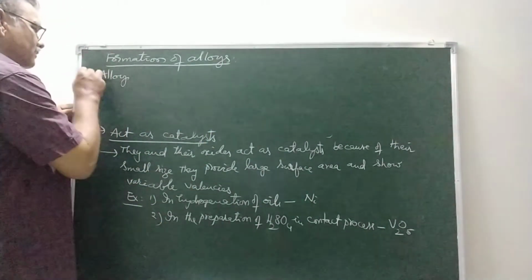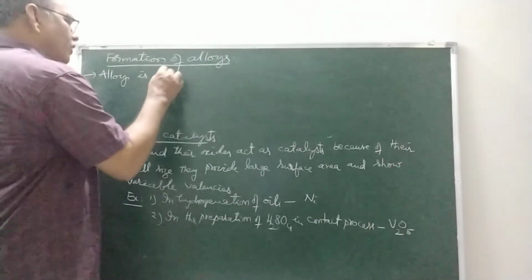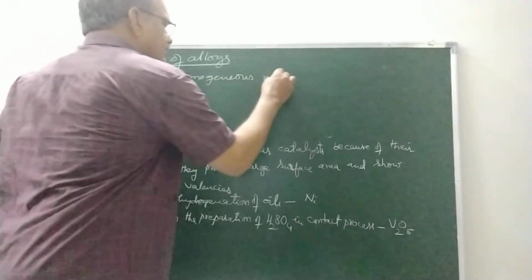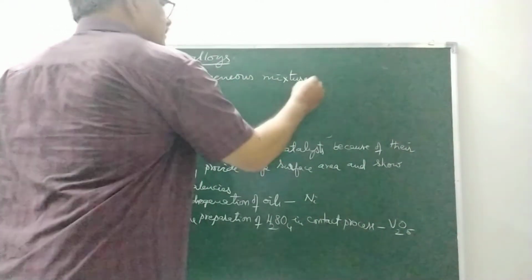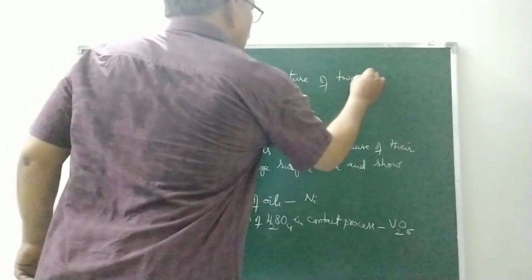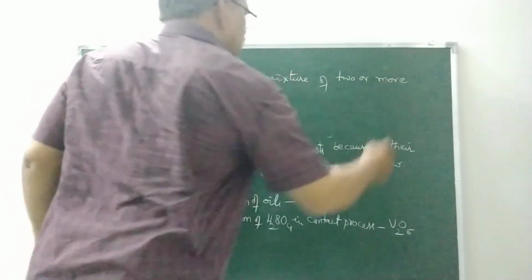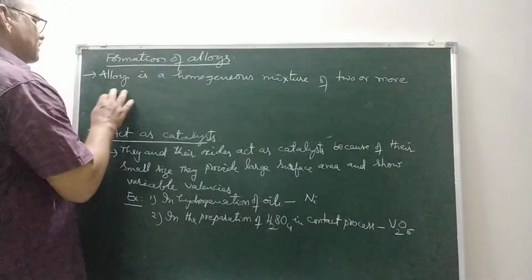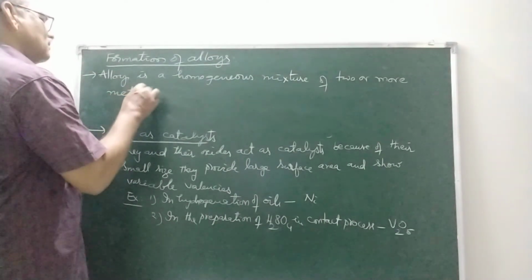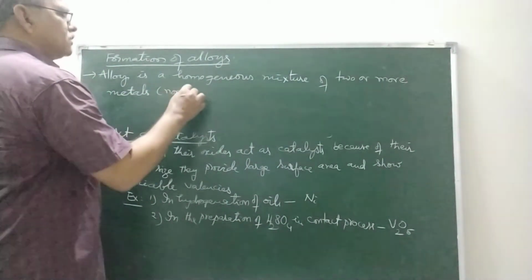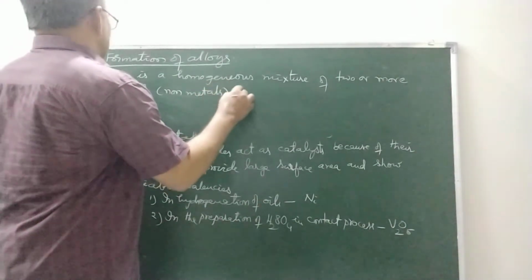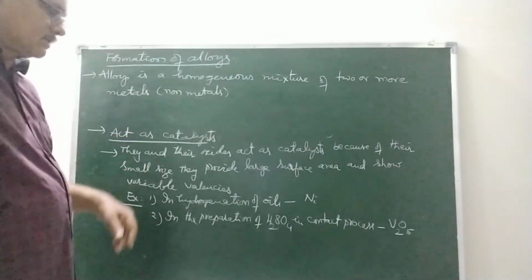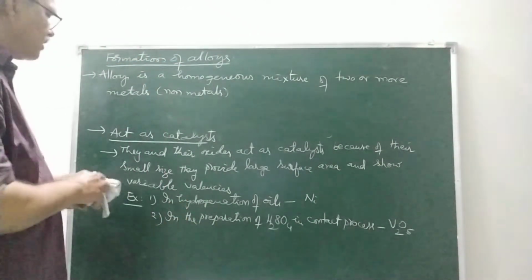An alloy is a homogeneous mixture of two or more elements, or two or more metals, or sometimes non-metals also. Okay, it is a homogeneous mixture of two or more metals or sometimes it contains non-metals also.